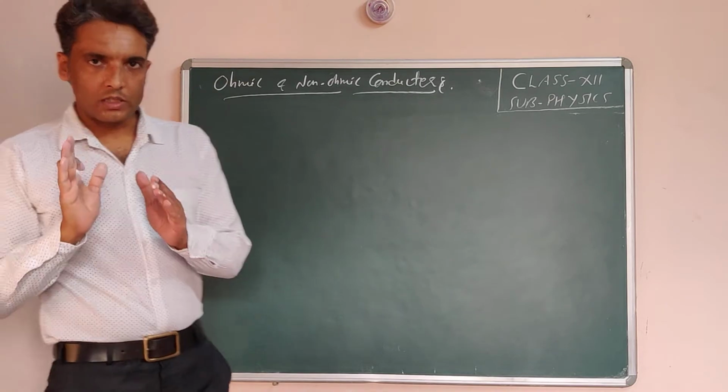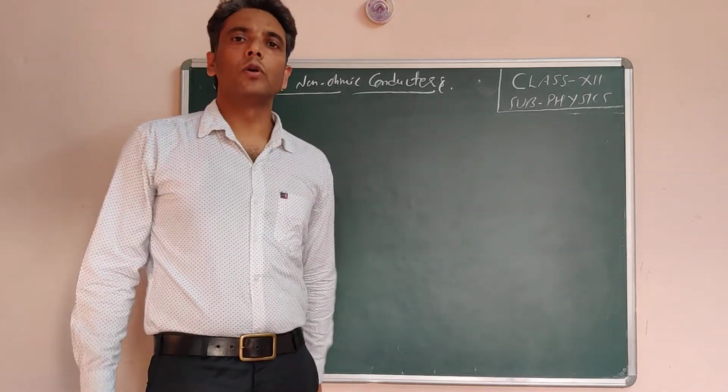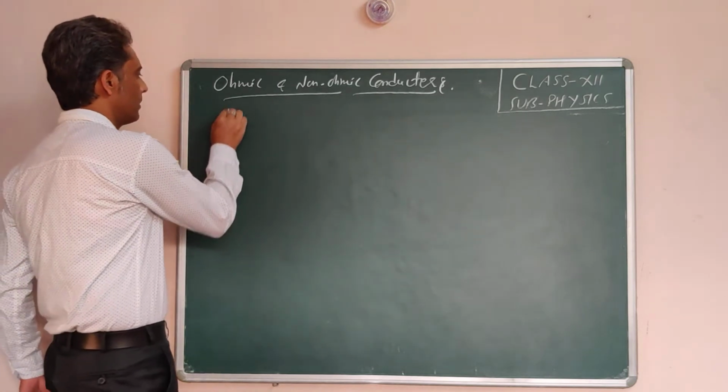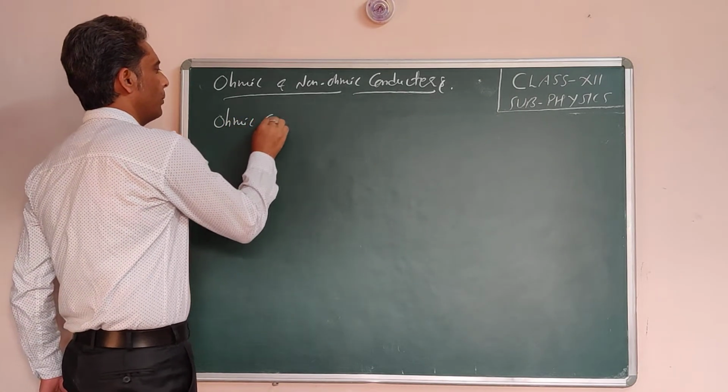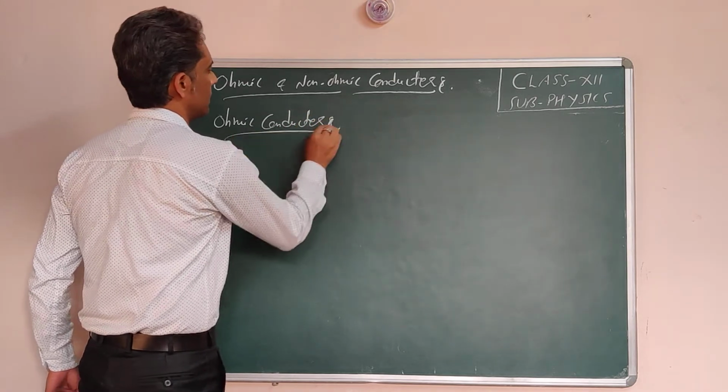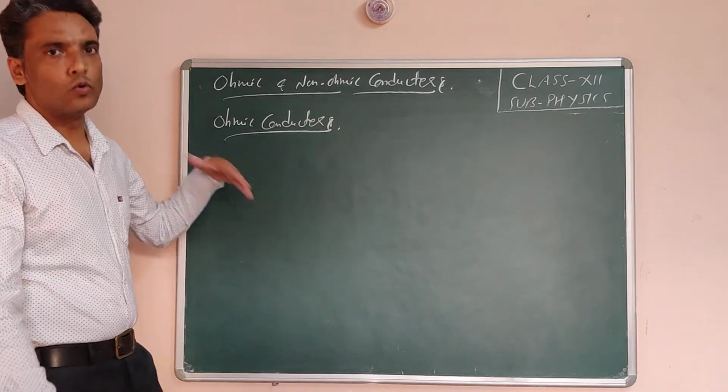Those conductors which obey Ohm's law are known as ohmic conductors. Ohmic conductors means these are the conductors which obey Ohm's law.